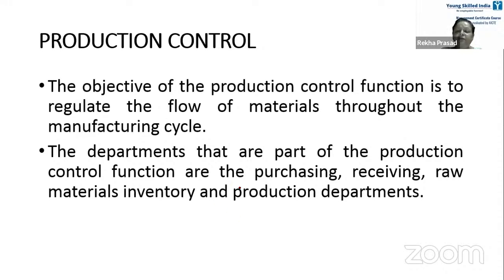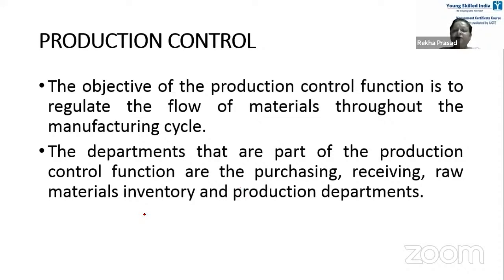The objective of production control function is to regulate the flow of materials throughout the manufacturing process. The departments that are part of production control function are, naturally, as I told you in the beginning, purchasing, receiving, raw material inventory and production department. They are not watertight compartments.